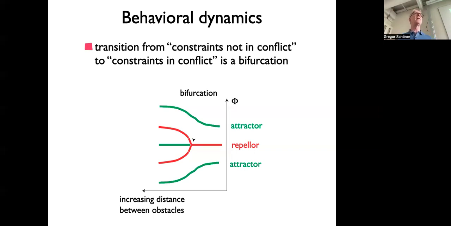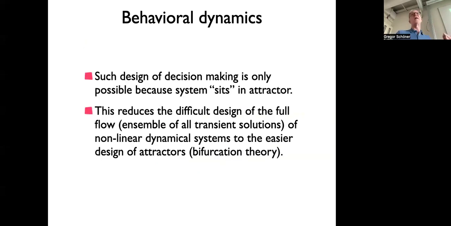And so we don't have to design a dynamical system where all solutions satisfy the constraints. There could be transient solutions that violate the constraints, and we just have to make sure that the dynamics is fast enough so that we're always close to the attractors. And next week, I'll show you some real simulation of the sub-symbolic approach. We can actually really see that. So that's an advantage.